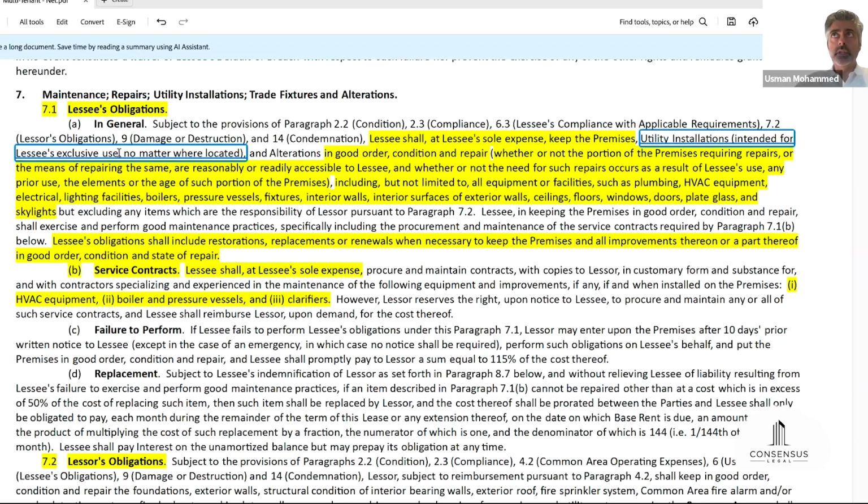Well, under this provision, even though there are portions of the HVAC system that are not within the premises, that are on the roof, if it's exclusively dedicated to lessee, then lessee is responsible. So that is the key deviation from the general rule, where lessee is responsible for an aspect outside of the premises.